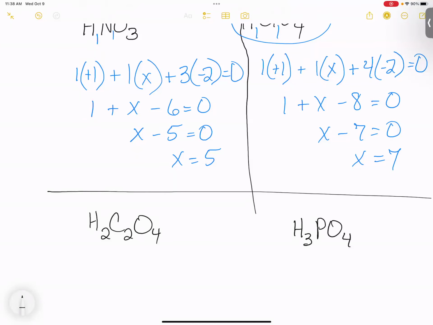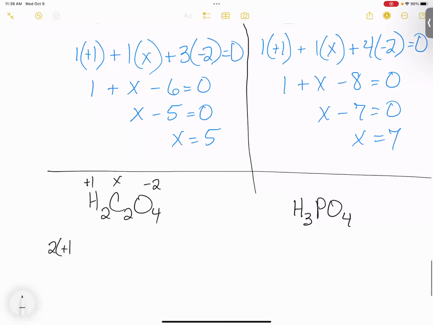The reason I know they're both weak is because they were not one of our 6 strongs. But which one is stronger? Well, we're going to do the same thing. We got a +1 for hydrogen, a -2 for oxygen, and we got to figure out carbon for oxalic acid.